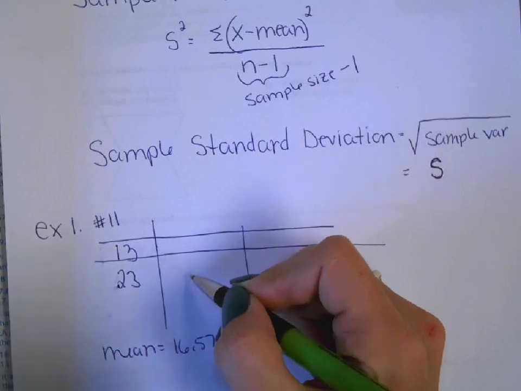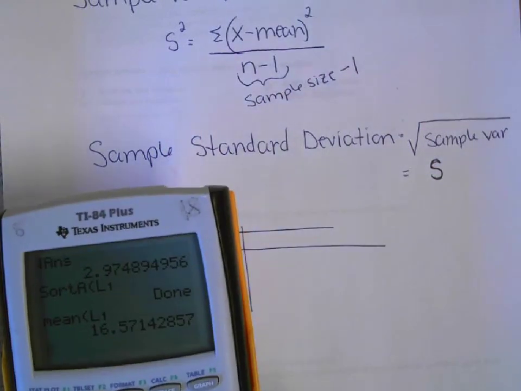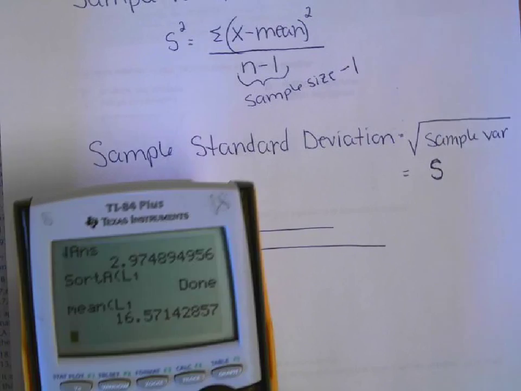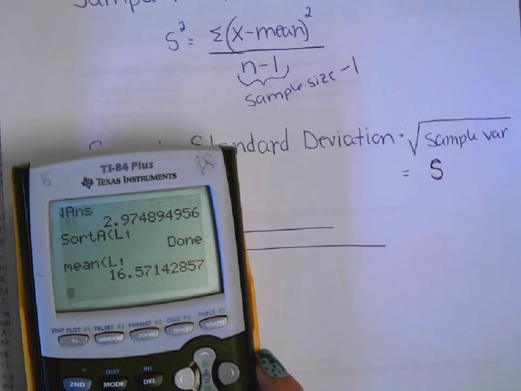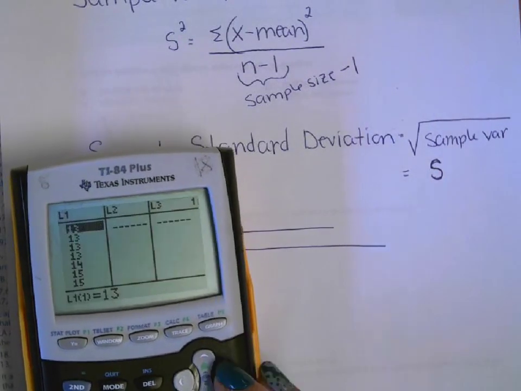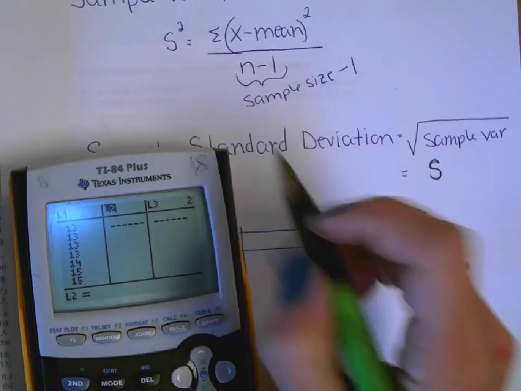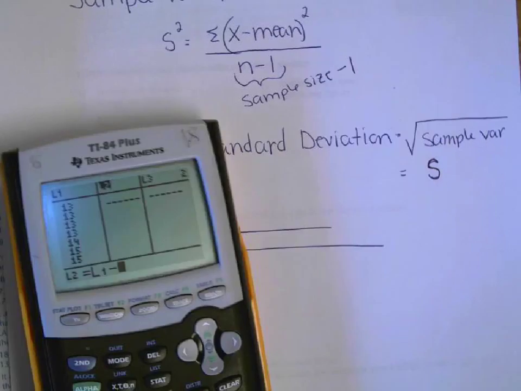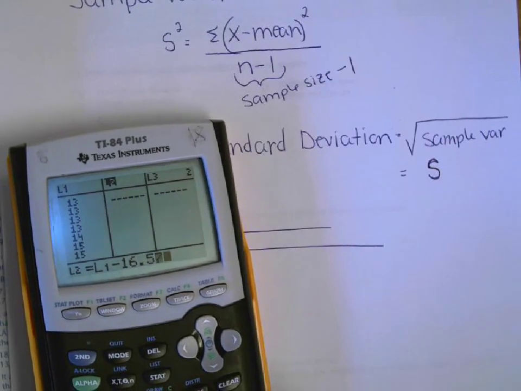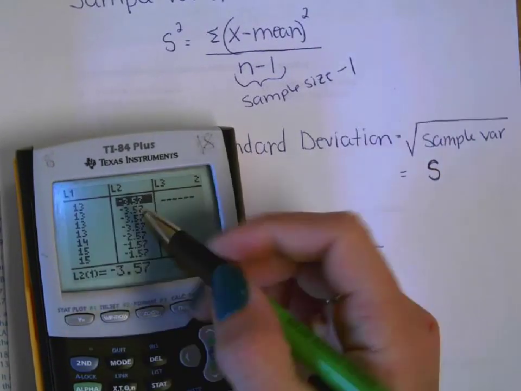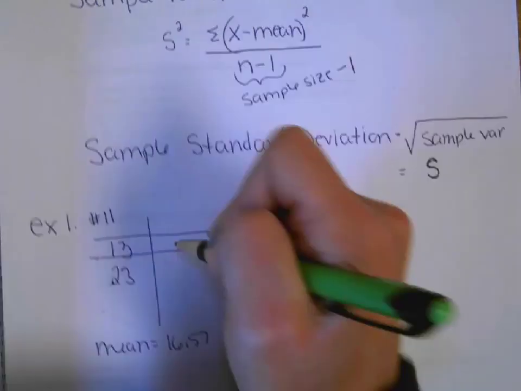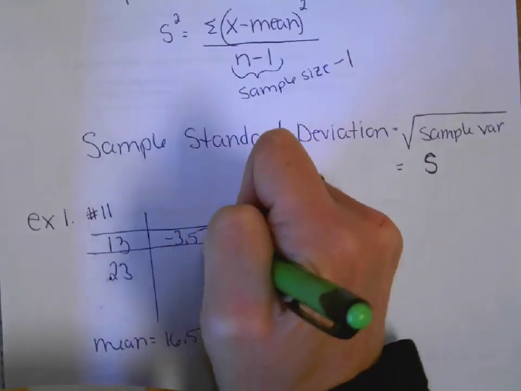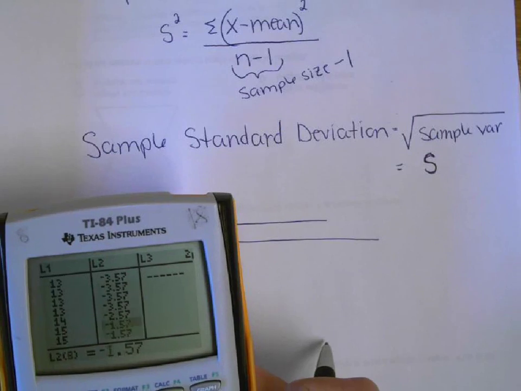Now I want you to do all the steps, but I only want the first and last values copied down. You don't have to give me all the ones in the middle, because they're all going to be stored on your calculator, and there's no sense in writing all that out. So I'm going to go back to stat, edit, number 2. I'm going to say take everything in L1, subtract the mean that I just found, 16.57. Done. So all I want you to write down is the first one, negative 3.57, and then the last one.